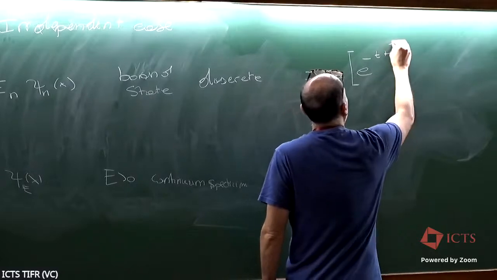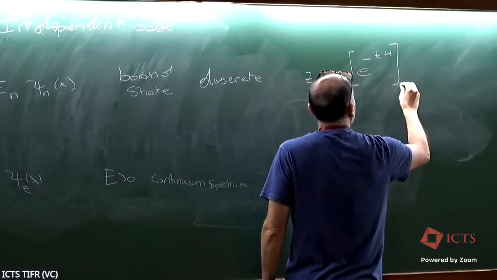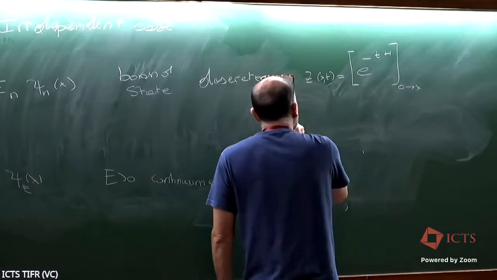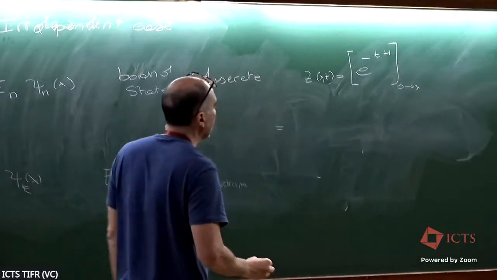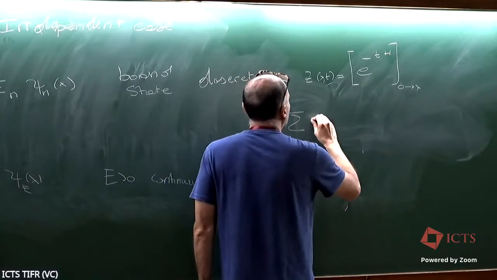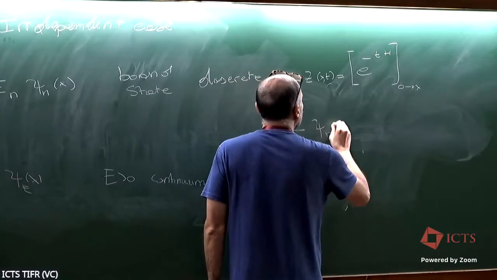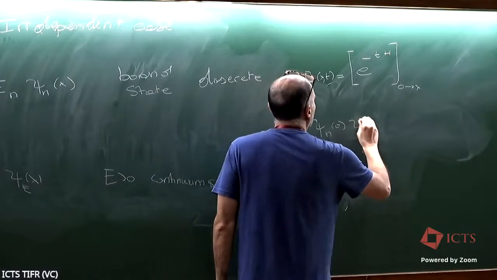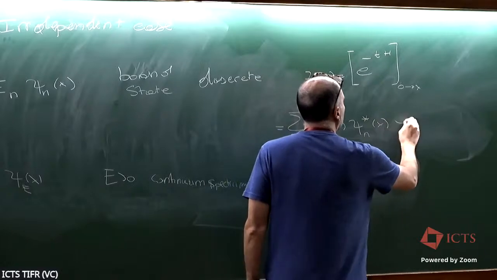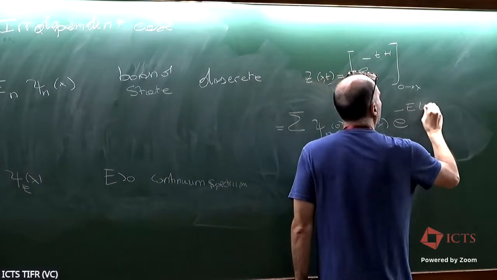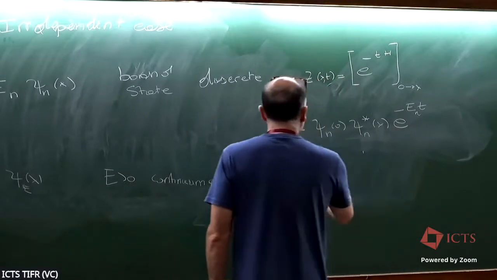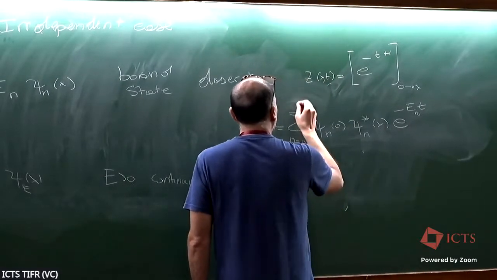Then you have to evaluate the matrix elements that go from 0 to x, and then you use this spectral decomposition. You start in 0, you arrive in x, and then you have the factor exponential of minus E_n t for the discrete part of the spectrum.